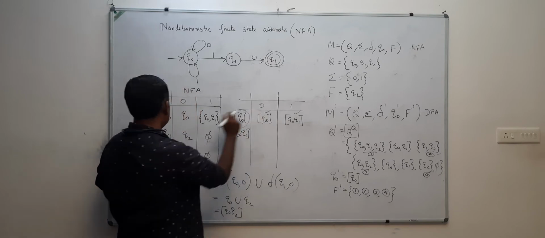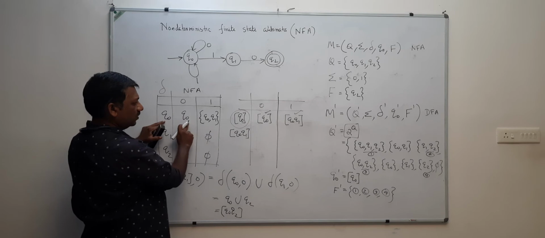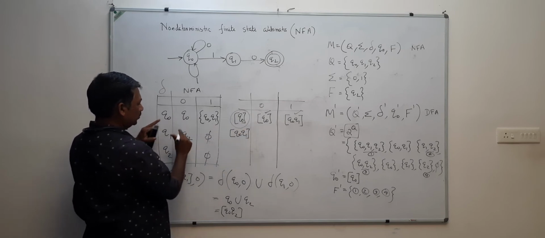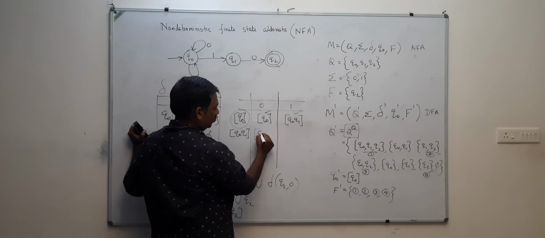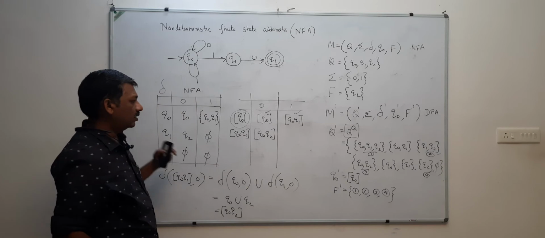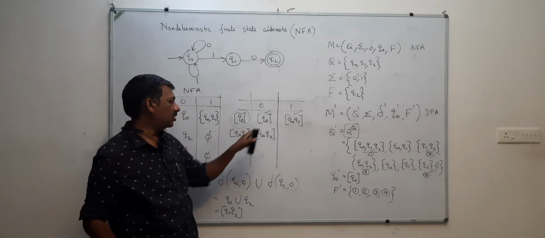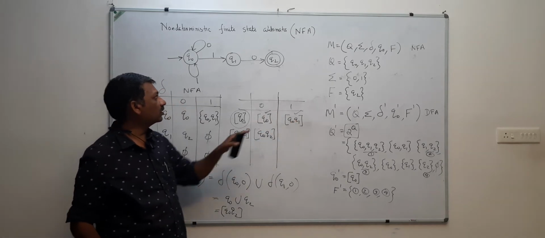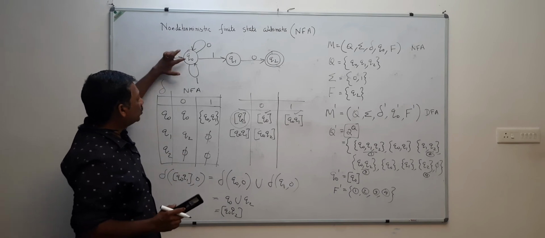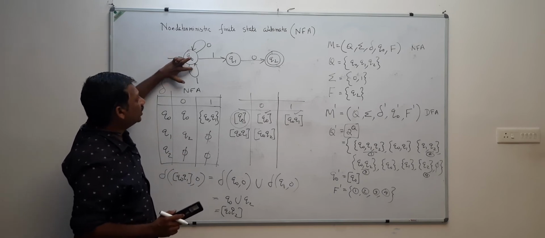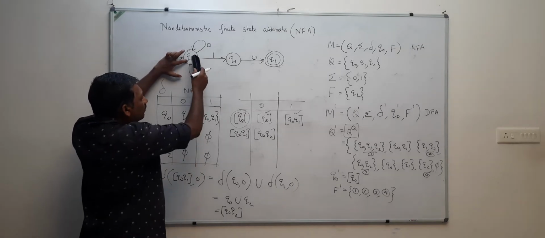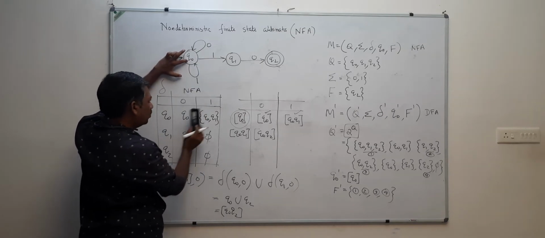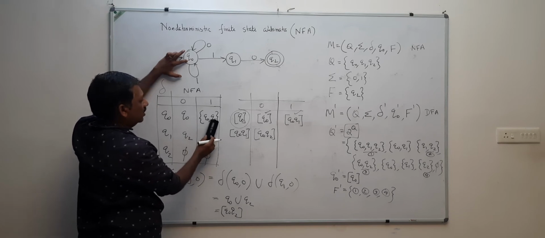So Q0 on 0 is Q0, and Q1 on 0 is Q2, and taking the union of those two, we have [Q0, Q2]. Okay, now what will happen on 1? [Q0, Q1] on 1 means Q0 on 1 union Q1 on 1. What is Q0 on 1? Q0 on 1 is [Q0, Q1].